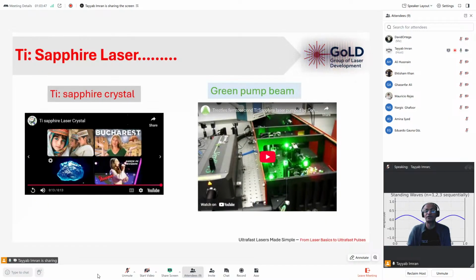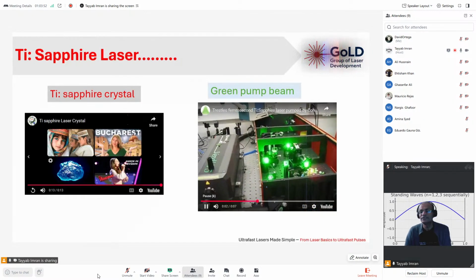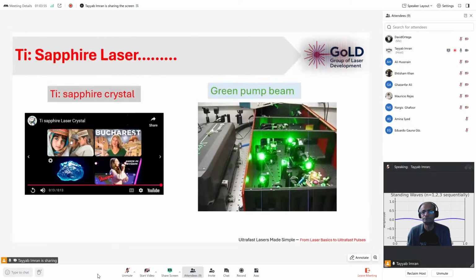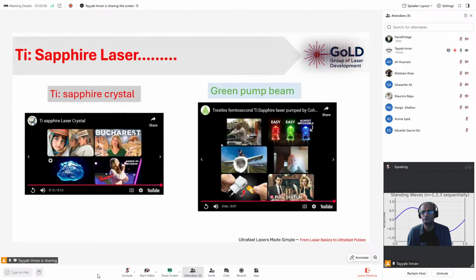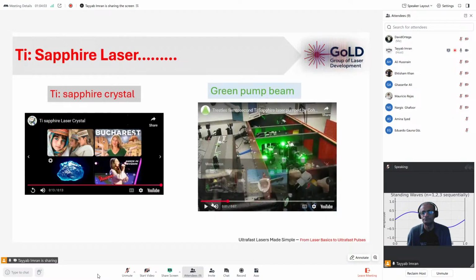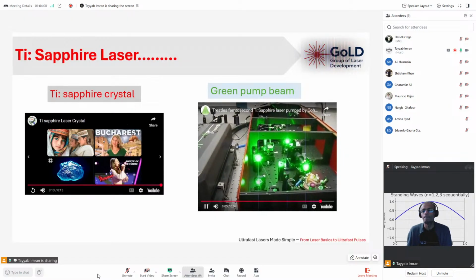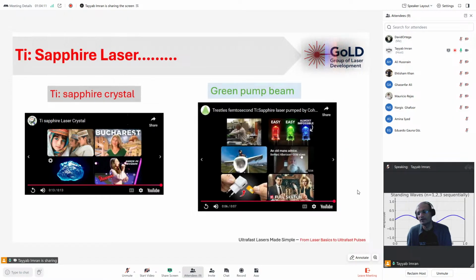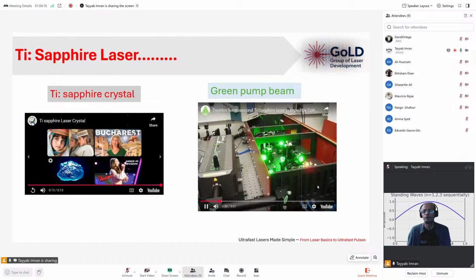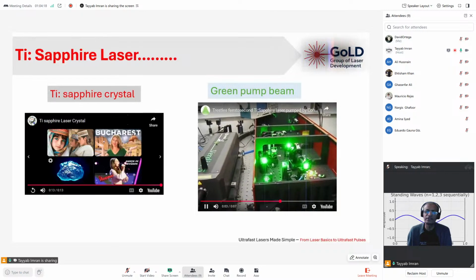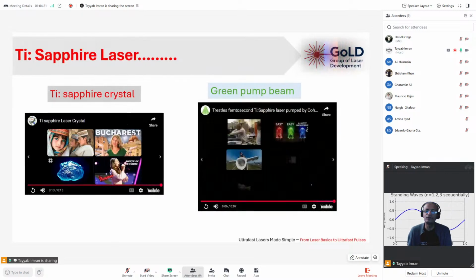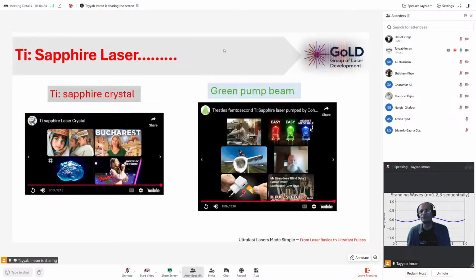On the right side, this is a green light, but it's a pump light. So this green one is the pump, and the rest is not very clear. Maybe some other day I will show you a longer video properly. Somewhere here is a crystal, and this green one.